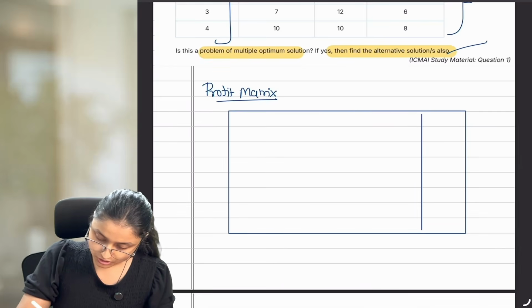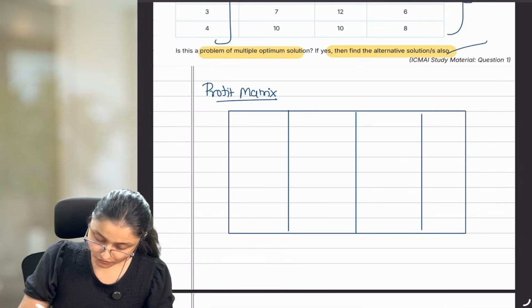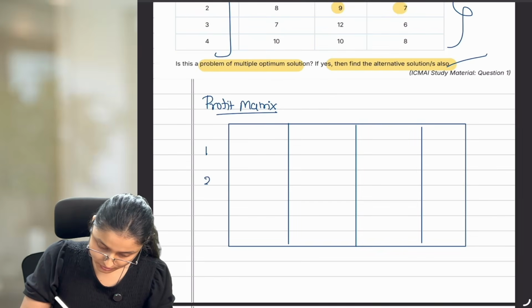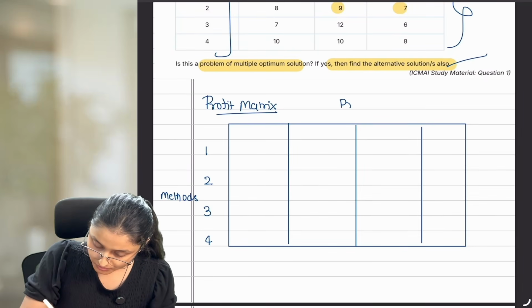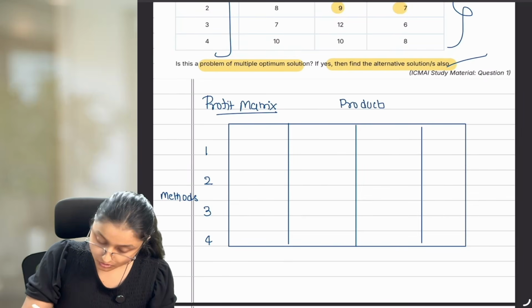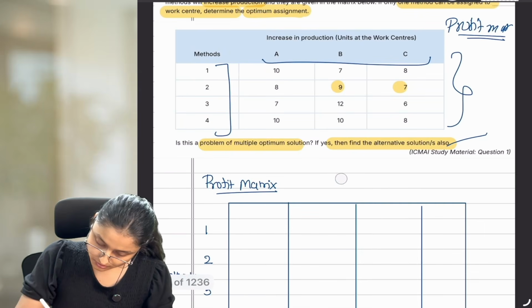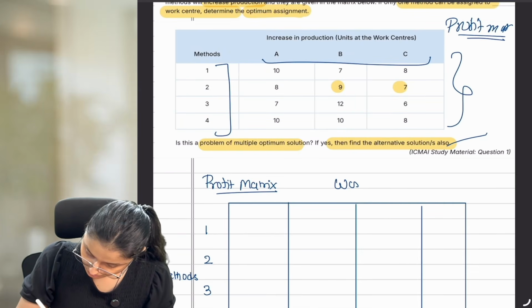So for balancing, you need to add 4 columns because 4 rows are available with us. First, second, third and fourth. These are the methods. And here we have work centers, where products are produced.